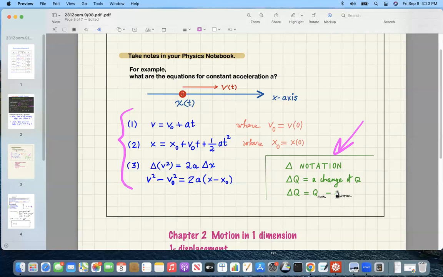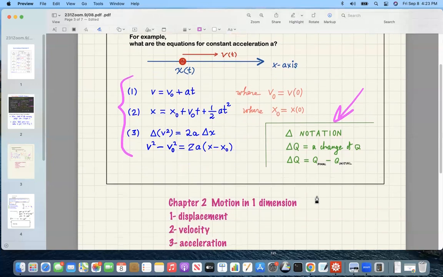So Q starts out with some value, that's Q initial. It changes. At the end of some time, it has another value, Q final. And Q final minus Q initial is the change of Q. And then delta Q over delta t is the rate of change of Q.